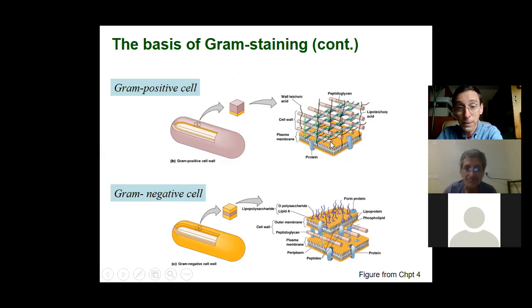The peptidoglycan has many layers. Is that 3 layers of peptidoglycan here? In reality, it's many layers of peptidoglycan, and this slide is only showing you 3. I don't know how many layers there are, probably hundreds of them.